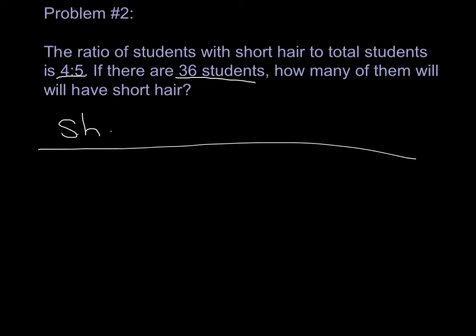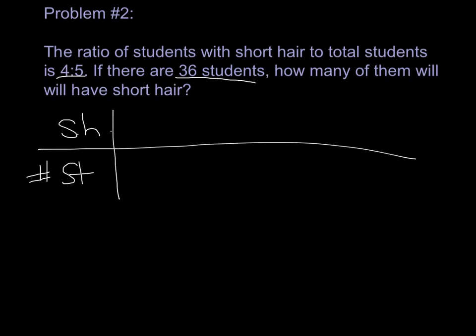The problem tells me my first ratio is 4 to 5, and that I have a total of 36 students. In this case, again, I'm going to just simply do a ratio table where I have short hair to number of students.